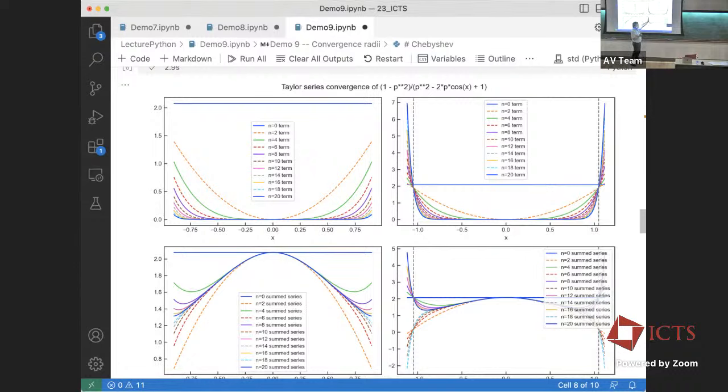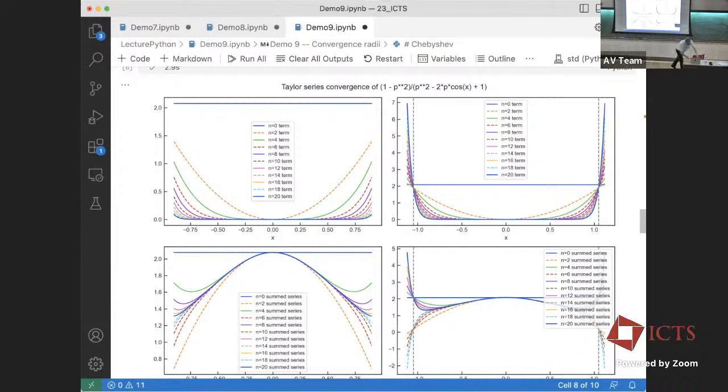And the dashed line here is actually the location of the closest pole on the imaginary axis, demonstrating really nicely that the Taylor series is going to converge up to the first pole, even if the pole is complex and not visible. And as you see on the left-hand side, even away from the pole, the convergence rate of the Taylor series already gets quite a bit worse the closer you come to the pole.